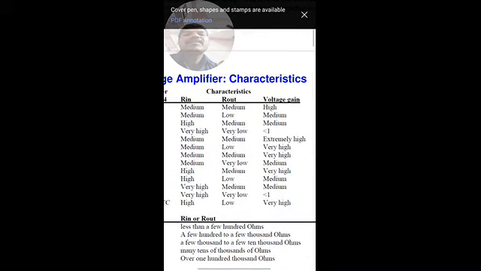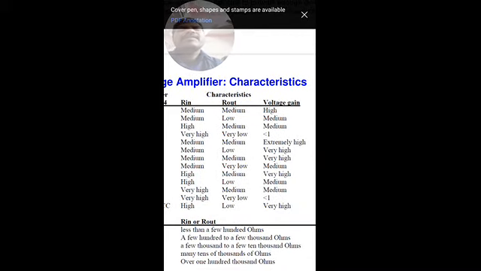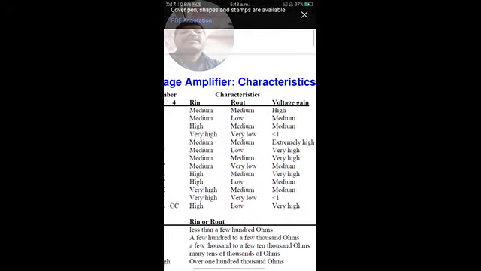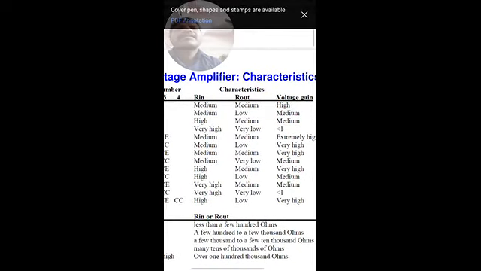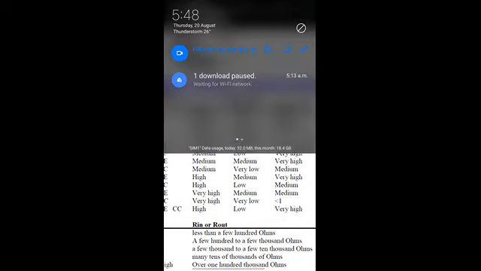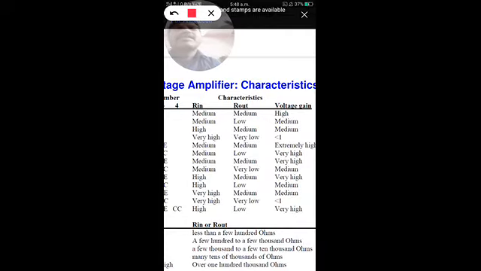In the third line we have the CC-CE configuration.